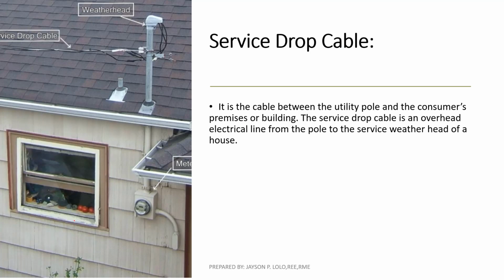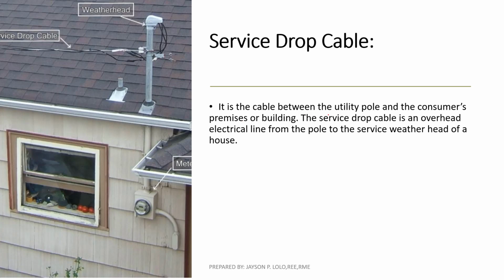At the left side of the slide, this represents the service drop or service entrance of a residential building. This is a service drop cable going to the electric pole meter from the distribution. And this is your weatherhead, which is also called a service cap. Then the meter base.